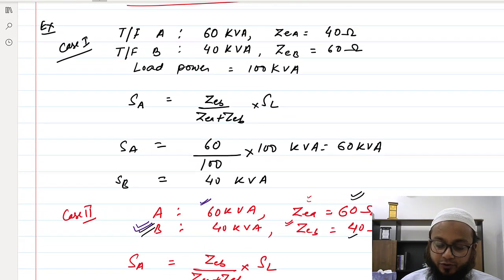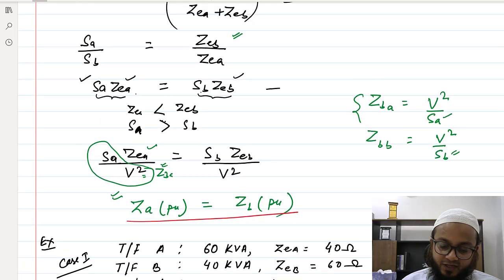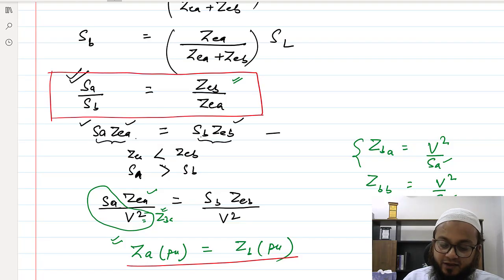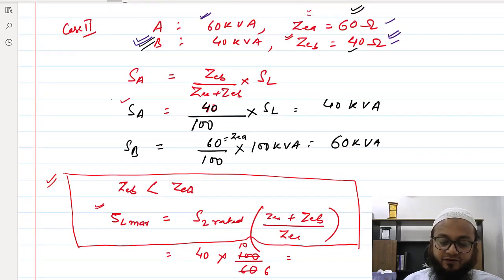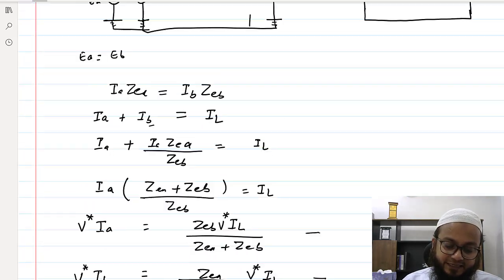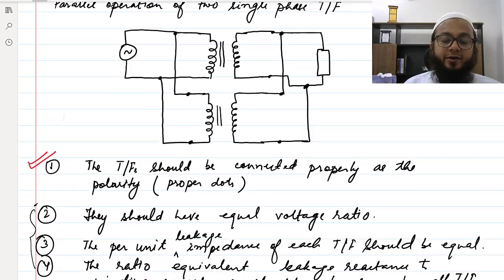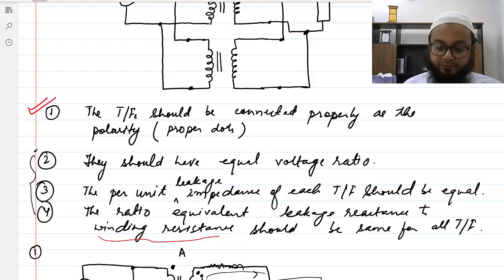So we need to ensure that this ratio is actually maintained. This ratio should be maintained to utilize the transformer fully. If we are near to this ratio, the transformers would be loaded optimally. So in this parallel operation of transformers, we said that these conditions should be met.